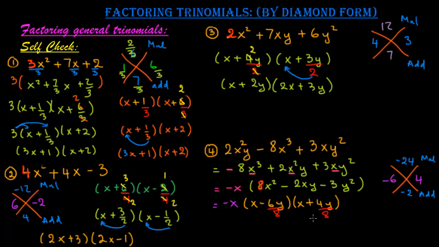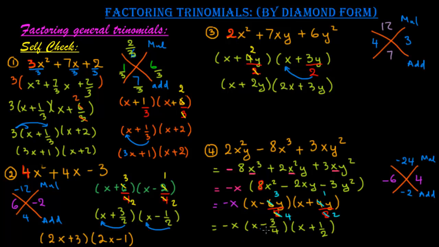See, can we reduce this? So 6 over 8, if I reduce by 2, we have 3 over 4. And if I reduce this one by 4, we will have 1/2. So the next term looks like this: negative x times x minus 3/4 times x plus 1/2.